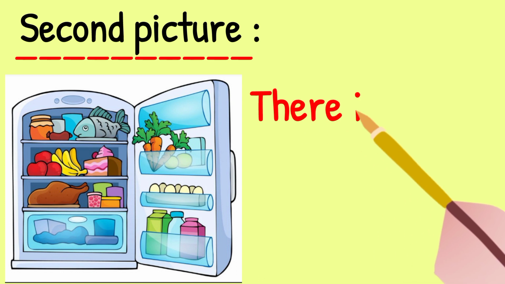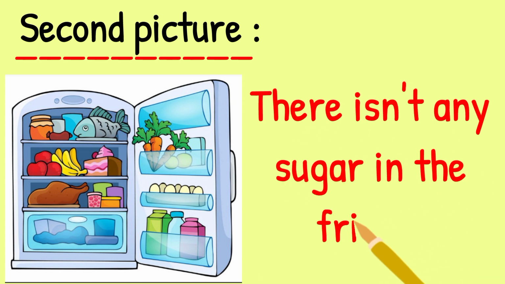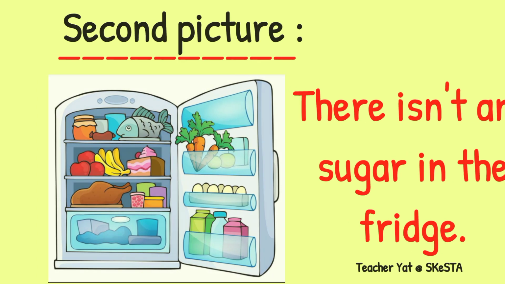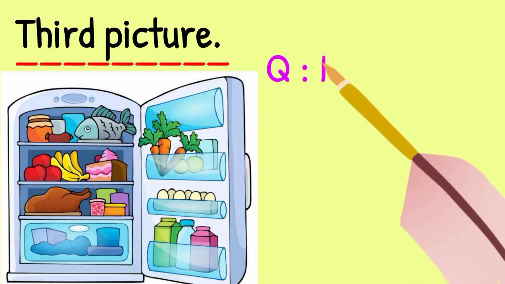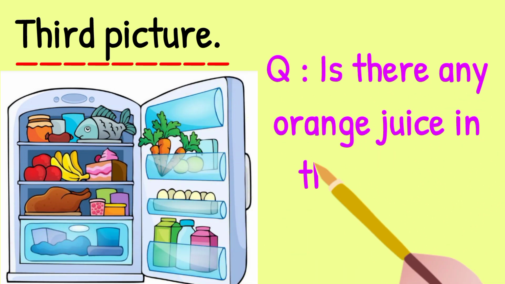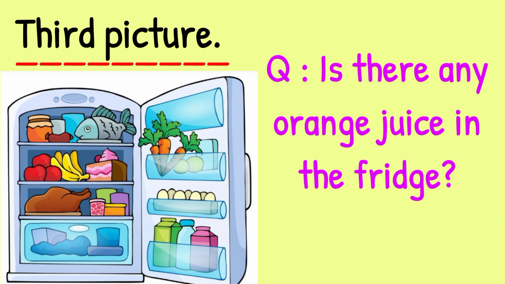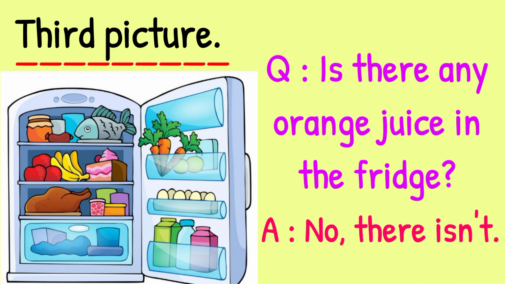We can say, there isn't any sugar in the fridge. Remember, we use any for negative statement or none. The word isn't shows negative statement. Let's move to the third picture. The question is, is there any orange juice in the fridge? Look very carefully. There is no orange juice in the fridge. So, we should say, no, there isn't.